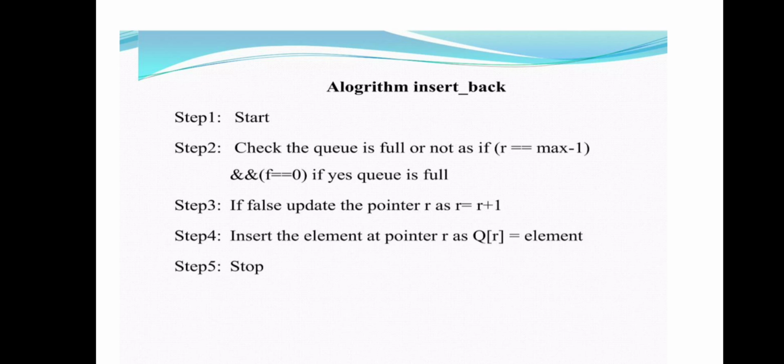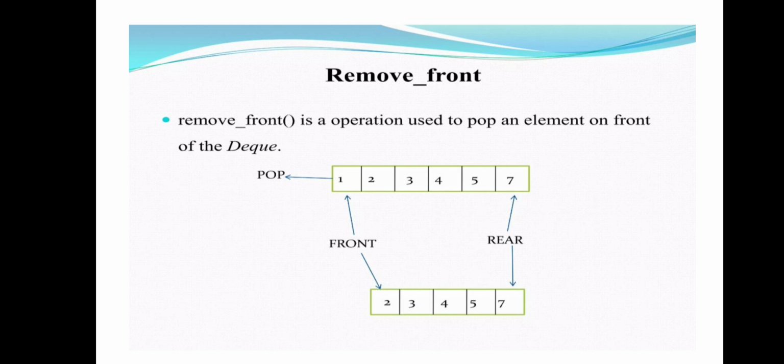That means rear is incrementing towards the next elements, that is, deque of rear is equal to that element. This is the algorithm for inserting at back position. Now inserting is completed.